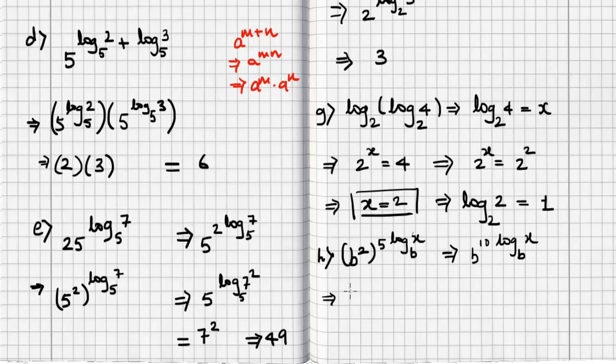Now I can write this as b to the power log of x to the power 10 to the base b. Now b to the power log of x to the base b, this is nothing but theorem 1, and we have the answer as x to the power 10. Hence x to the power 10 is the answer to your H question.